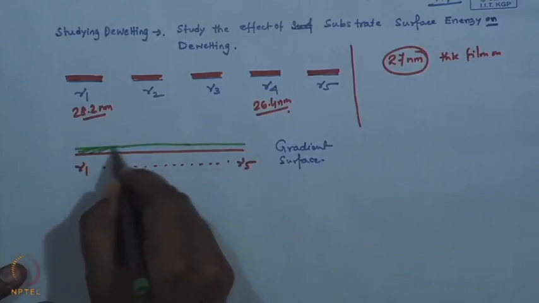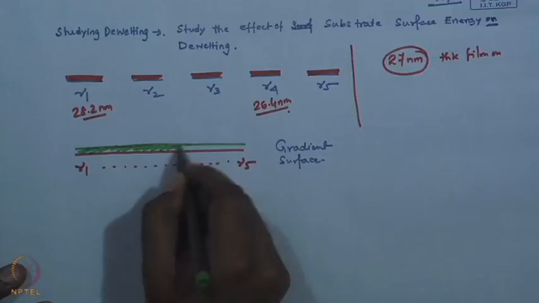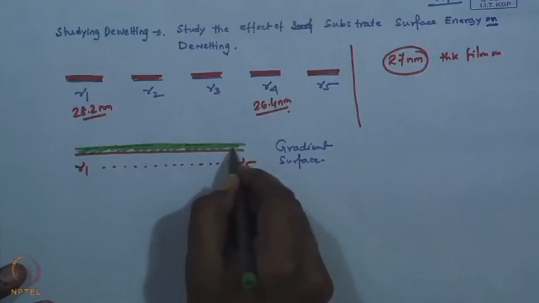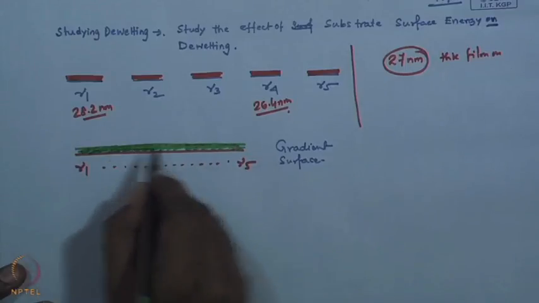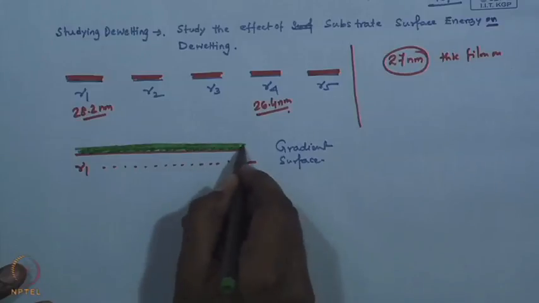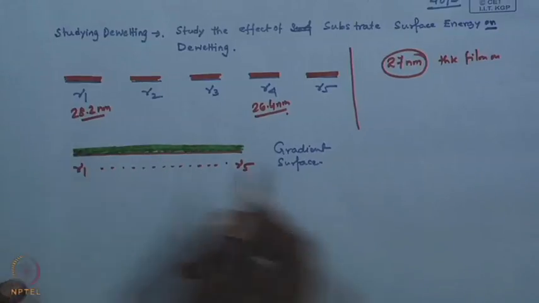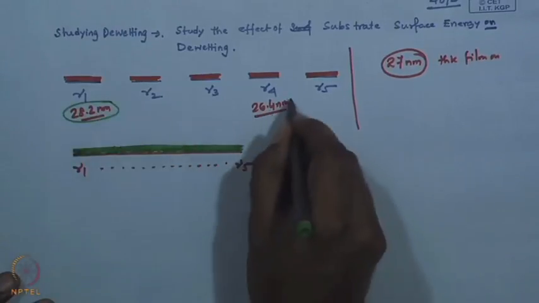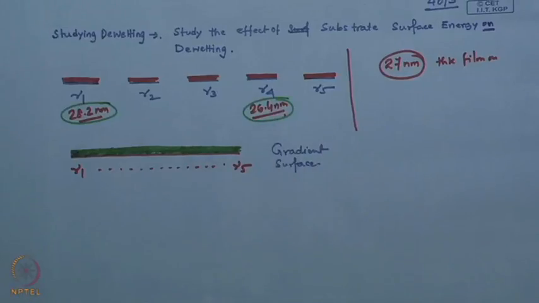So, whether it is 28.2 or 26.4 or 27.1, it is uniform across the entire sample. So, the error that is associated with sample to sample variation is completely nullified.